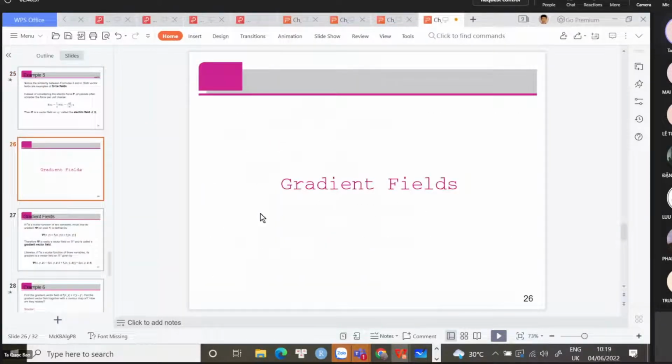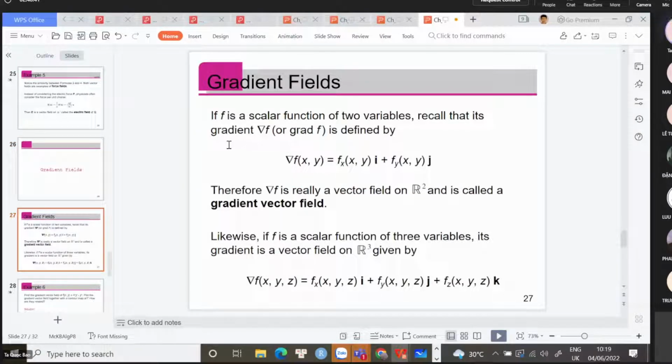All right, so now gradient fields. What is a gradient field? If f is a scalar function of 2 variables, we remember that's the gradient of f. So we have this notation, grad f. It is defined like this.